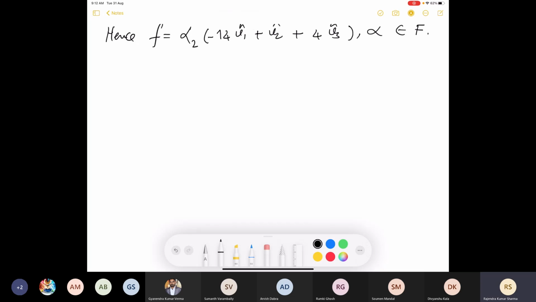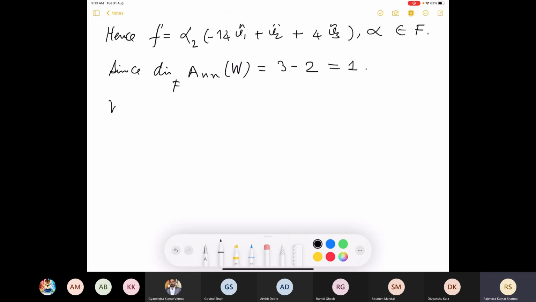And the dimension of the annihilator of W is the dimension of V minus the dimension of W. The dimension of V is 3, the dimension of W is 2, so the annihilator's dimension is 1.